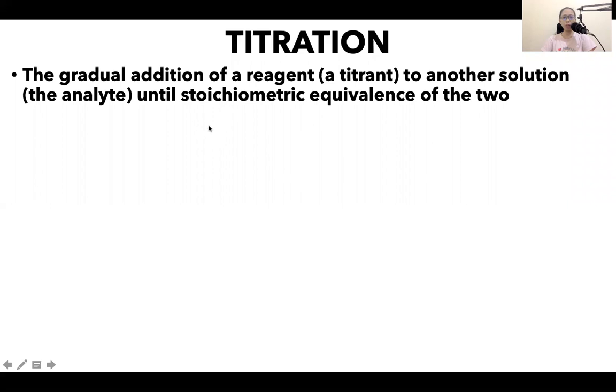So again, if the stoichiometric ratio is 1:1, meaning you have 1 mole of H plus coming from 1 mole of your acid, and you also have 1 mole of hydroxide ion coming from 1 mole of your base, then we have this formula.